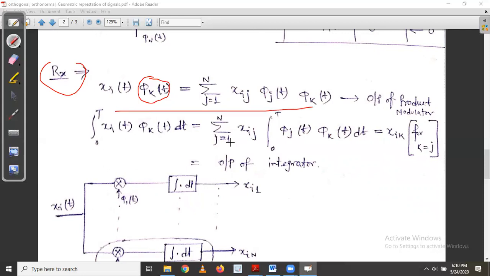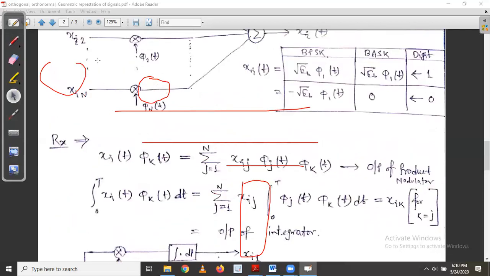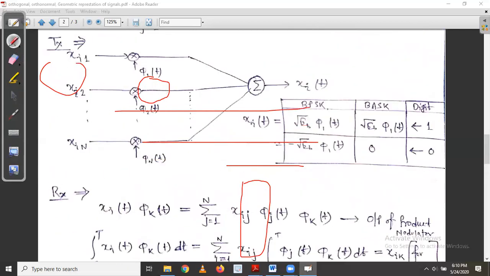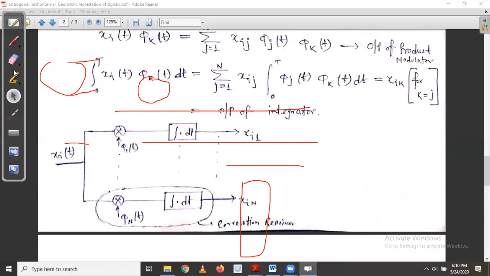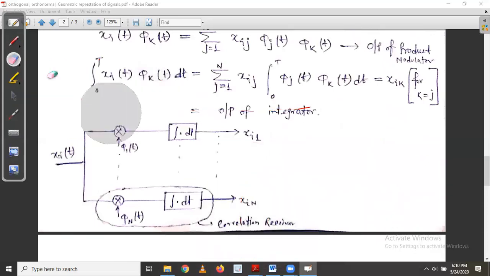That mathematical expression we have written here, and we will get xi1 up to xiN, xi1, xi2, xiN like this. And already I told that these two things together are known as correlation receiver or correlator. So up to this we have discussed.